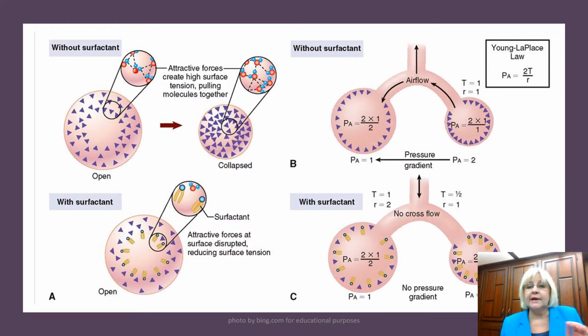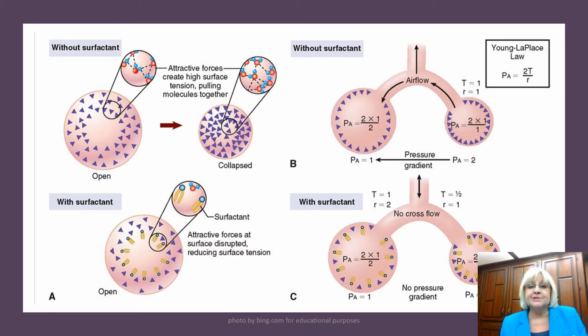And if you look on the right over at example B, it puts the formula for Laplace's law into effect. And you can see the airflow from the smaller air sac to the larger one, leading to the collapse of the smaller one. So in the absence of surfactant, the attraction between the water molecules can cause an alveolar or air sac collapse.